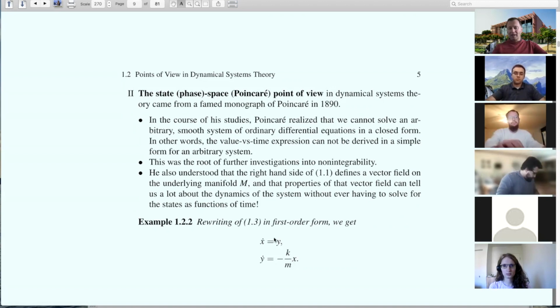So there are a couple of interesting things in this. One is that Poincaré realized that if you write your equations in first order, which you can always do for any higher order set of ordinary differential equations, defining new observables is in fact something useful, because you can look at the right-hand side, plot it as a vector field like we did in these prerequisite classes, and get qualitative understanding of what ensues.